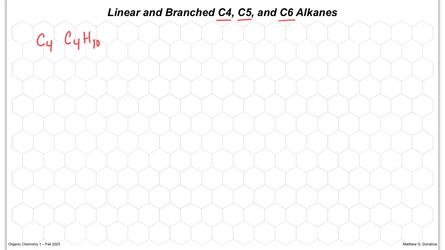So for 4 carbons, that's saturated, we can have C4H10. And so from that, let's draw out the possible constitutional isomers. So maybe I want to put, can I move this? No, I can't. Can I erase it?